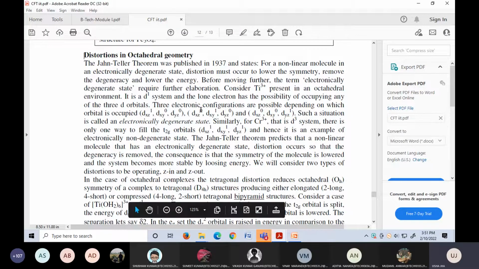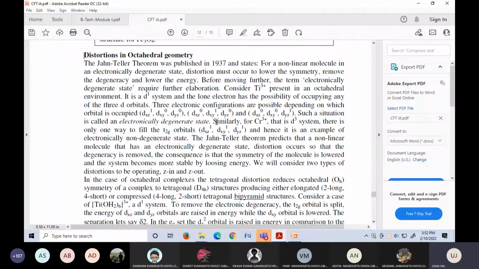So let us look at this. Take an example of, let us say, titanium. Titanium in a +3 oxidation state has a single electron in the d orbital. Now this single electron can stay either in dxz, then it will be dxz1, dxy0, dyz0.